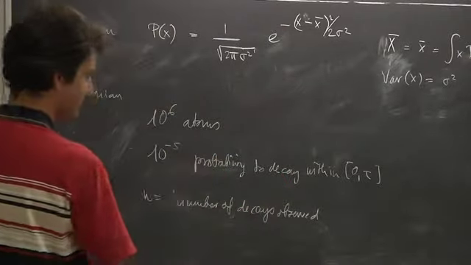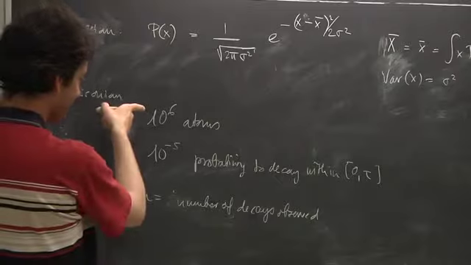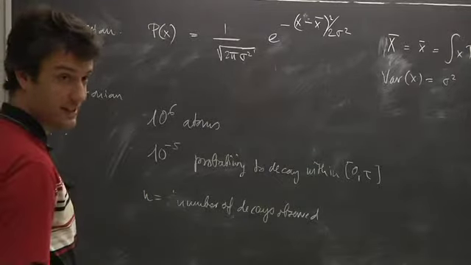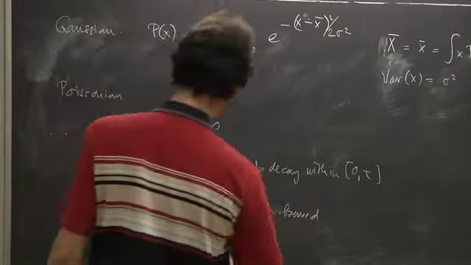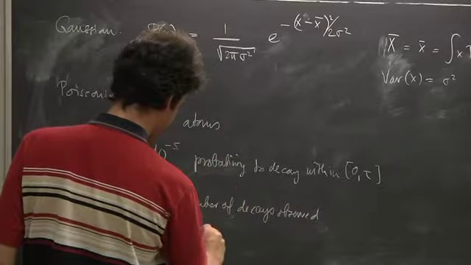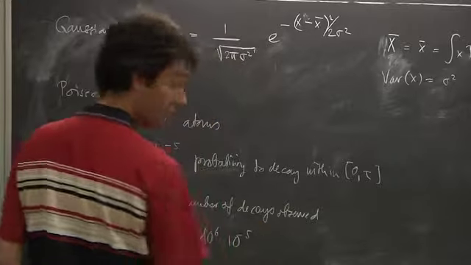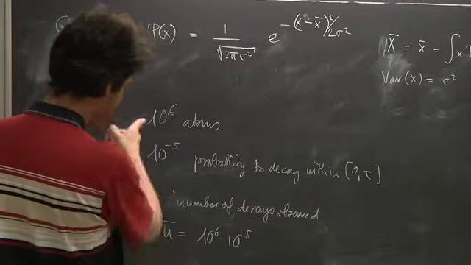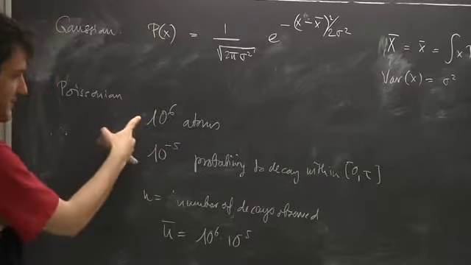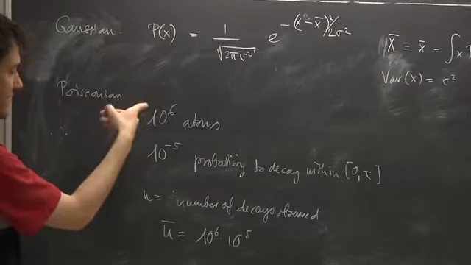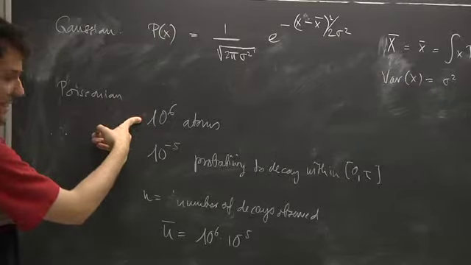So on average, you expect 10 to the 6 times 10 to the minus 5, no? So you expect the average will be just 10, no? Right? So this gives you a binomial distribution. You have so many events.